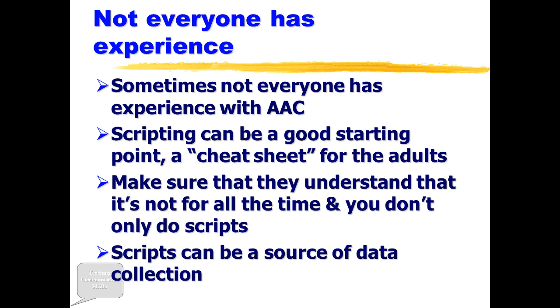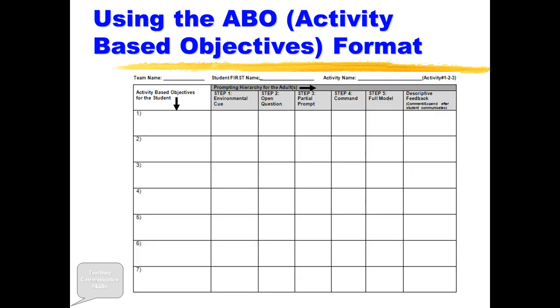In the handouts, you'll see there's a suggested form that we use in ECT. In the left-hand column, this is where you put what the student is going to say. And again, they're only numbered as a suggestion. It doesn't have to be that they do things in this order.